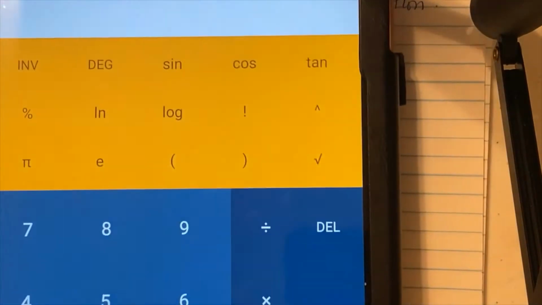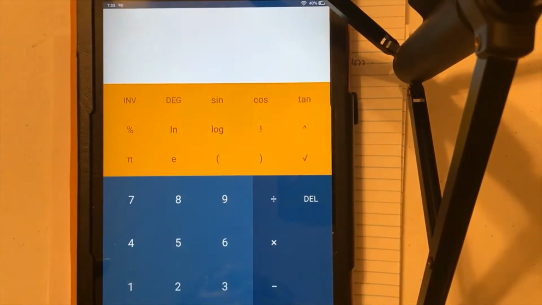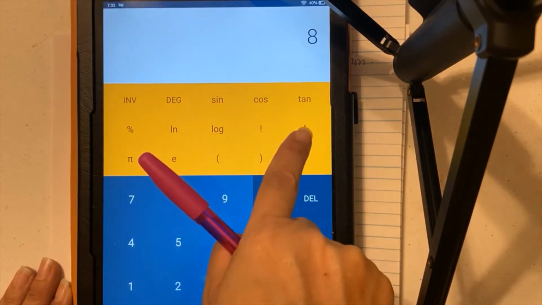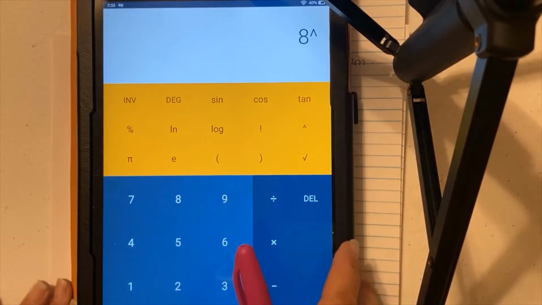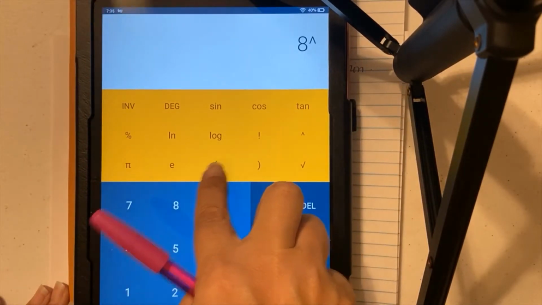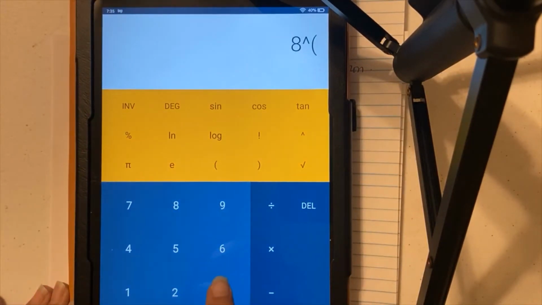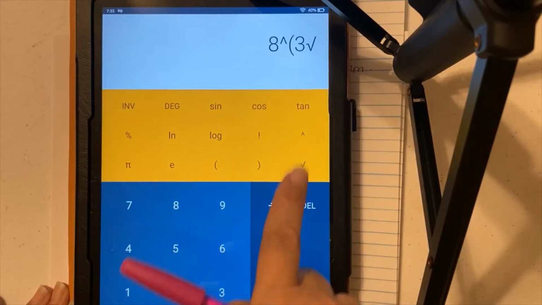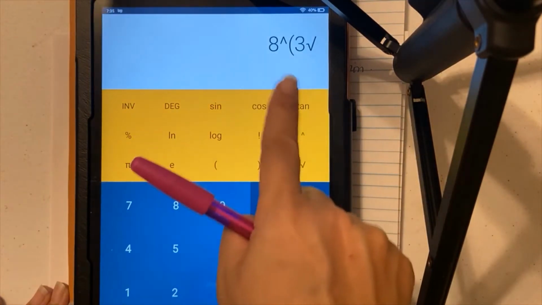close the parentheses, and you're going to get your answer. So I'm in my calculator. I'm going to go 8, and then here's my little caret key, hitting the parentheses, and then I go 3, but I'm going to hit the square root key. See, now it's after it. Depending on the way your calculator is set up, you need to change it.